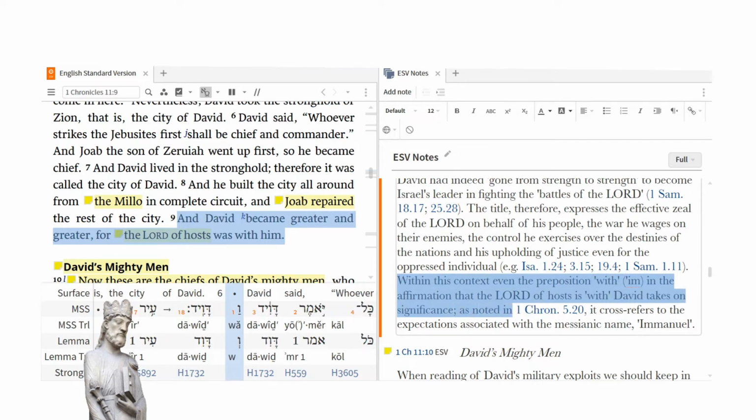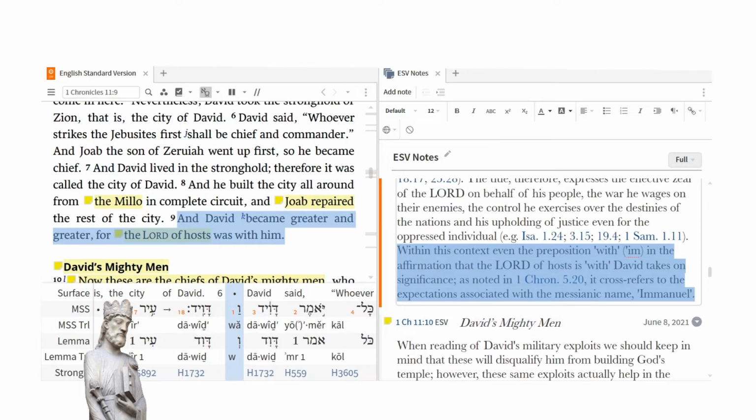As noted in 1 Chronicles 5:20, it cross-refers to the expectations associated with the messianic name Emmanuel, that is, God with us. Worth noting the typological connection here, that God was with David. But then later we do have the true Messiah, Jesus, who is literally God with the people.